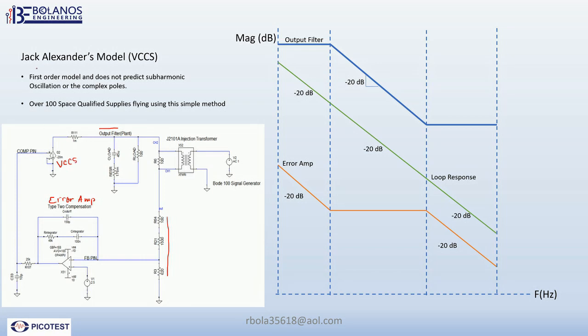That is Jack Alexander's model. That's the model that my mentor taught me many years ago. Now, this model is a first order model, and it does have limitations. It does not predict the subharmonic oscillations or the complex poles, so there are limitations.